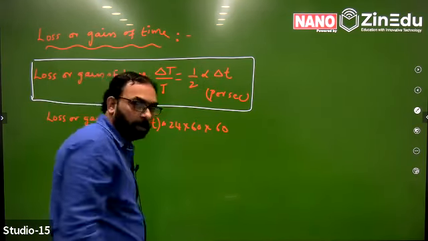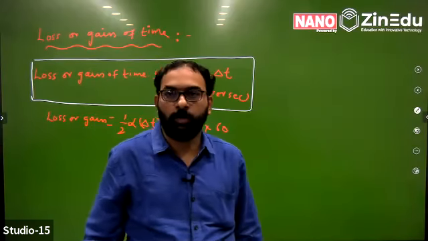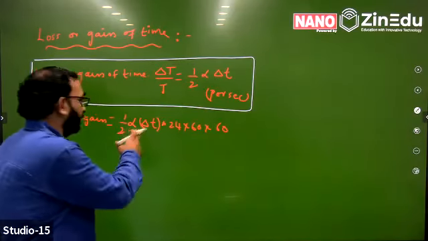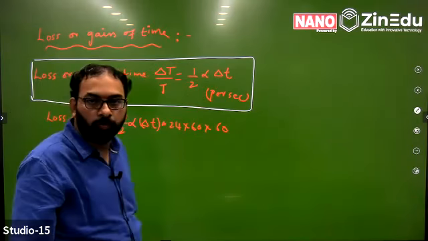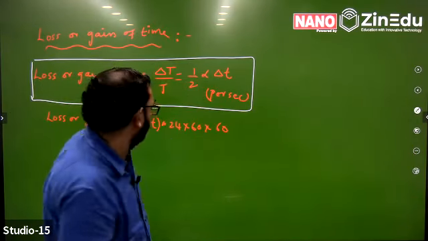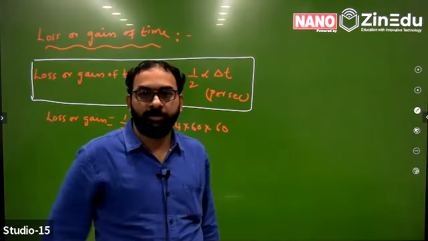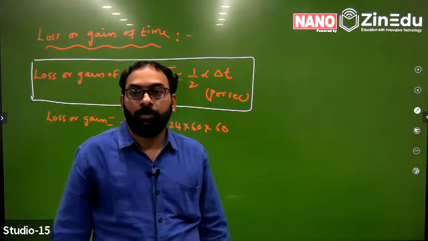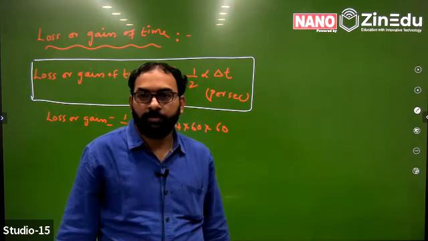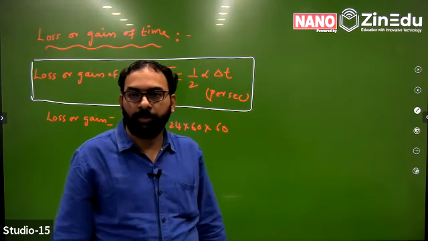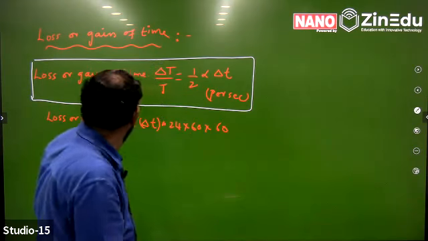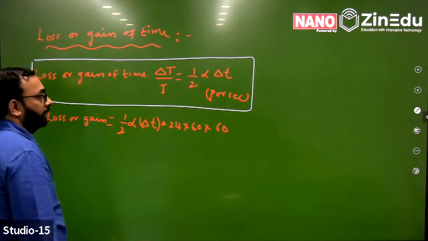Suppose I have observed for 1 day, I want to measure the loss or gain per 1 day, then it is 24 into 60 into 60. And for 1 week, similarly you multiply by 7. Like that, for any number of days you can measure the loss or gain of time. And this is the expression for loss or gain of time.